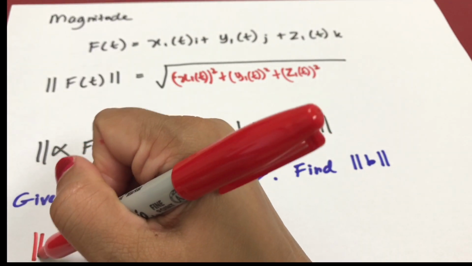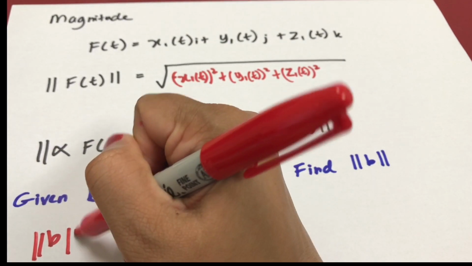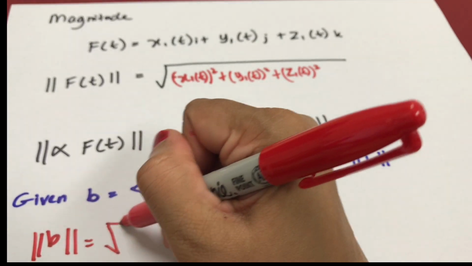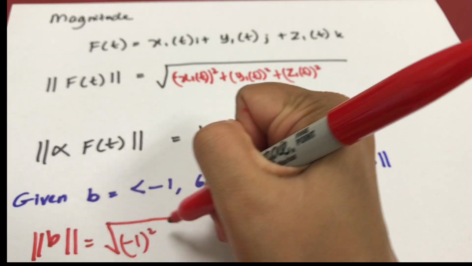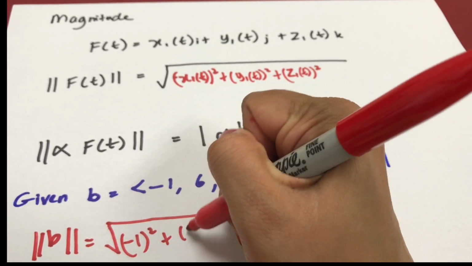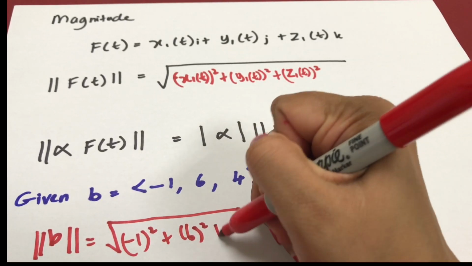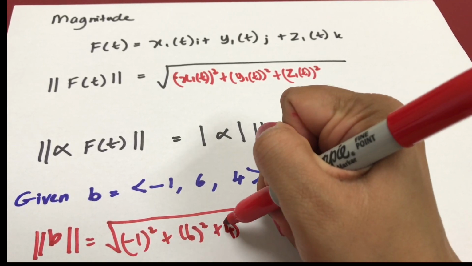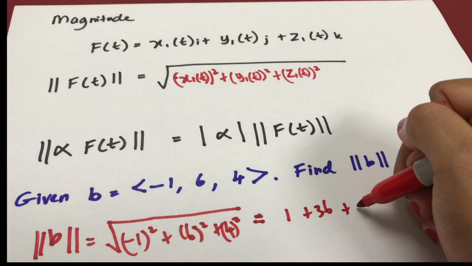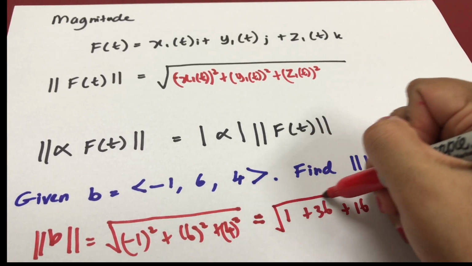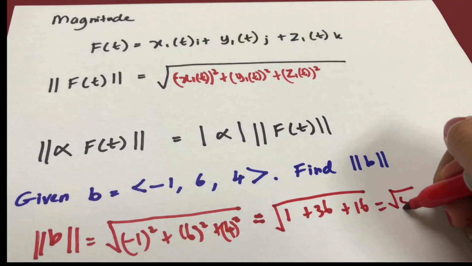The magnitude of b is simply the square root of the sum of squares of its components: 1 squared, 6 squared, 4 squared, which is 1 plus 36 plus 16, the square root of 53.